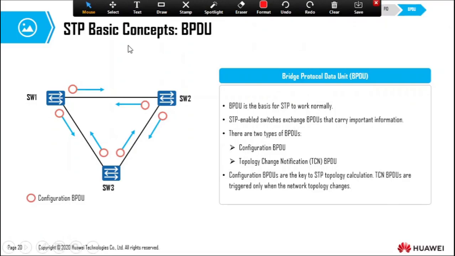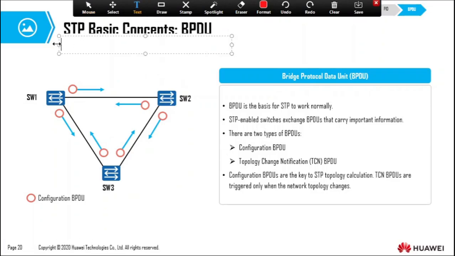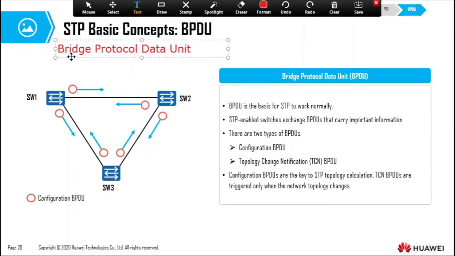Okay. Then we have BPDU. BPDU is Bridge Protocol Data Unit. So just like we saw in OSPF, we learned about different packets that are used to make OSPF work.